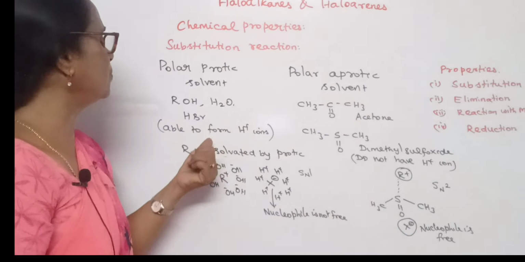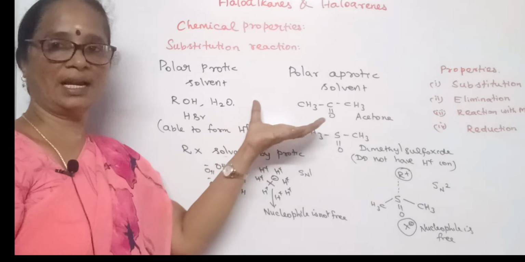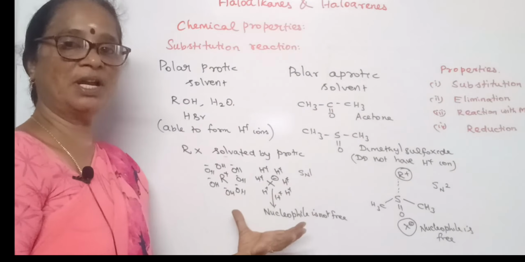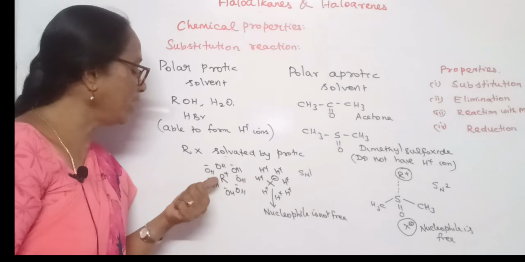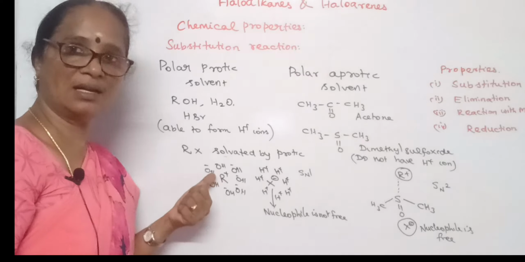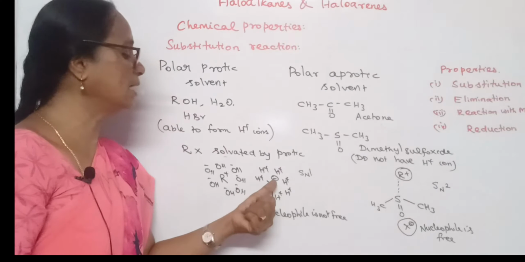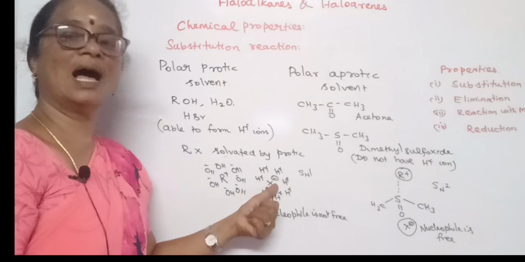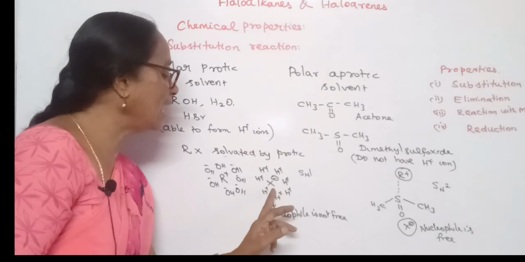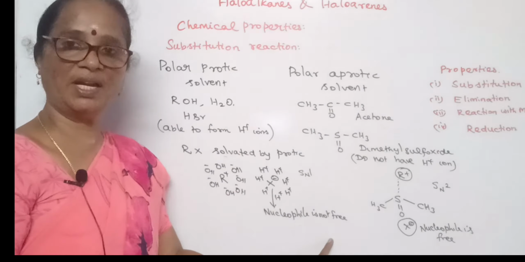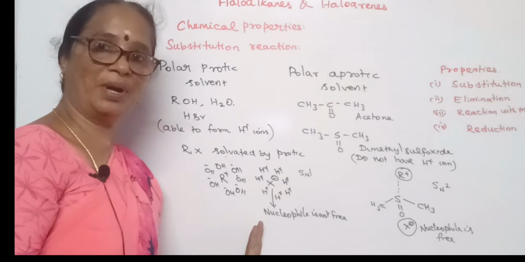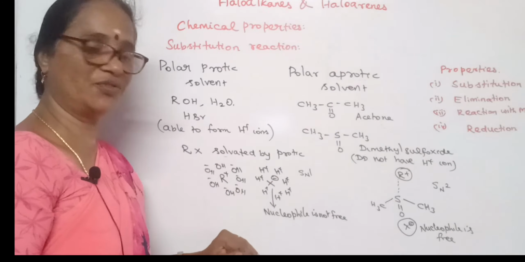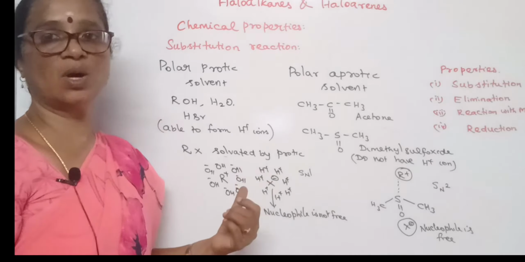So how do these protons influence the reaction? They can split into H plus and OH minus, with the OH minus surrounding the alkyl group and the H plus surrounding the halide ion. So here the halide ion is not at all free, and the carbon halogen bond is unable to break in the presence of a polar protic solvent.